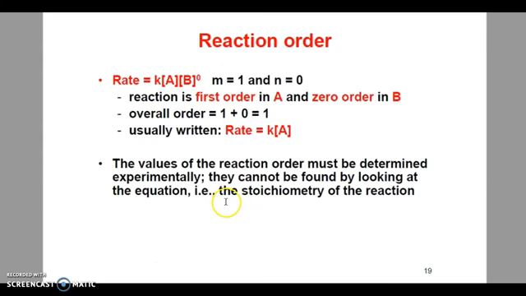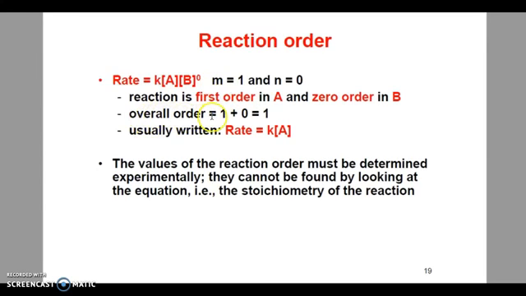Reaction order. If the rate is expressed as K A to the power 1 B to the power 0, then m is equal to 1 and n is equal to 0. Here the reaction will be first order, and in terms of B we can say that it is 0 order.